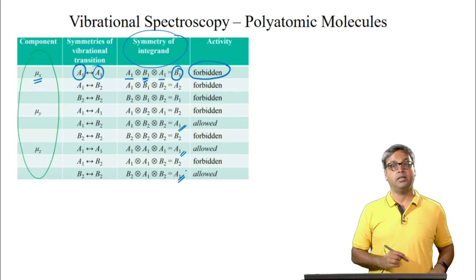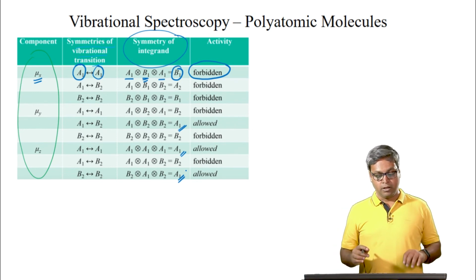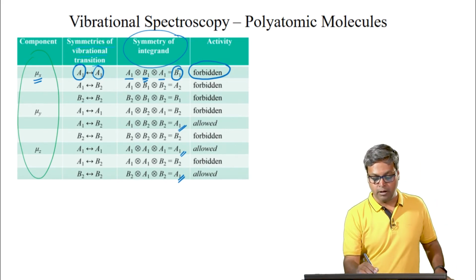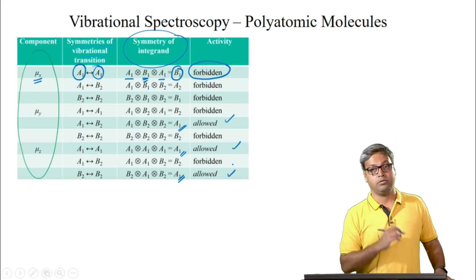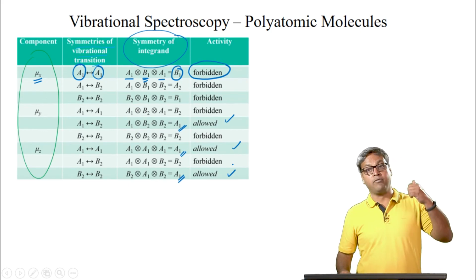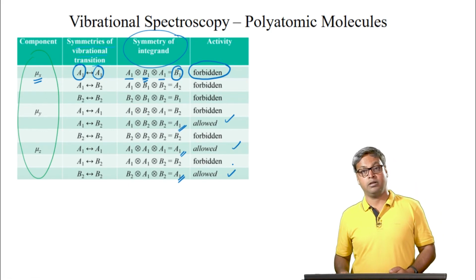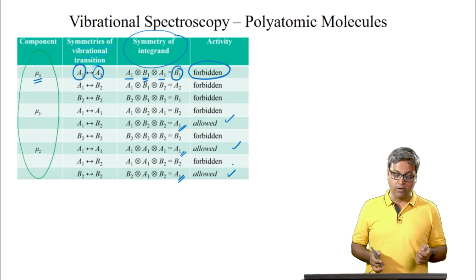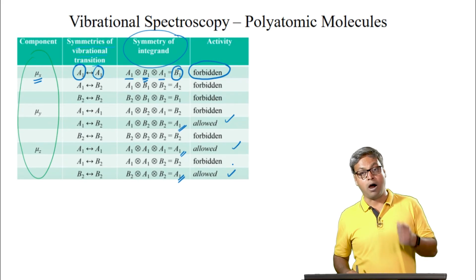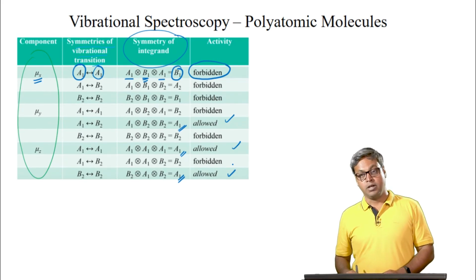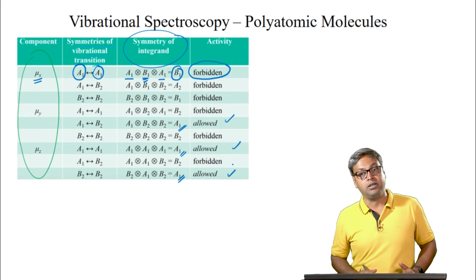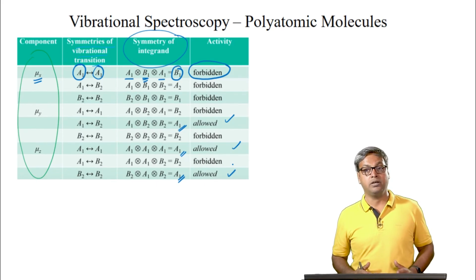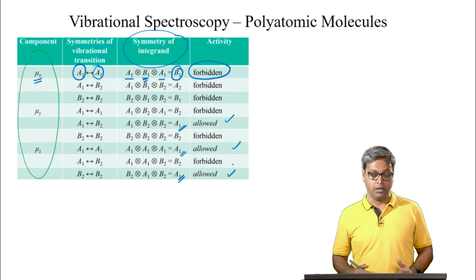So, we can see that there are only 3 cases where the transitions are allowed. As the number of vibrations in water is equal to the number of allowed transitions, all the vibrations in water are IR active. Thus, in today's lecture, we have used the symmetries of the vibrational states to gain insight about the selection rules.